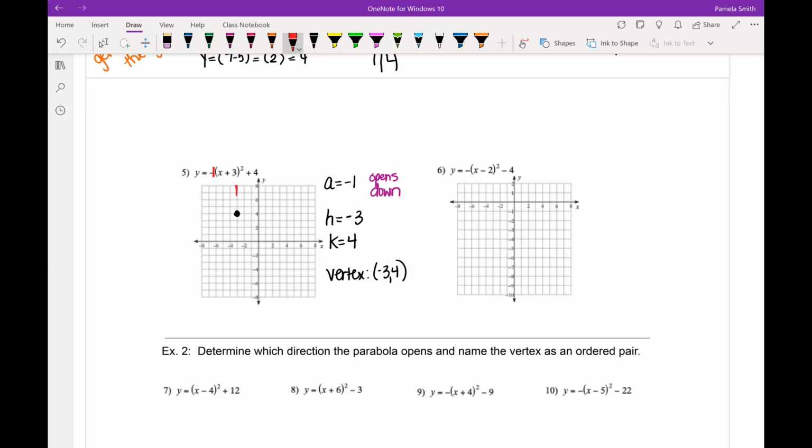Which again, tells me where my axis of symmetry is, because the vertex has to be on that line.